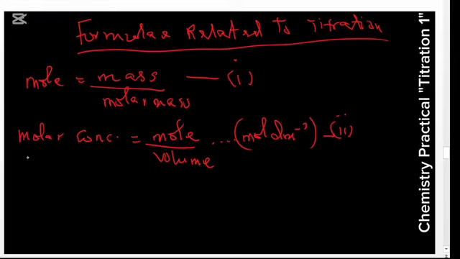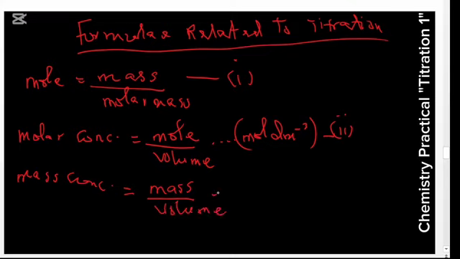Now, another formula that is prominent is mass concentration. So the formula for mass concentration is mass over volume. And so the unit of mass concentration is gram per dm cube. That's equation 3. Are you following?